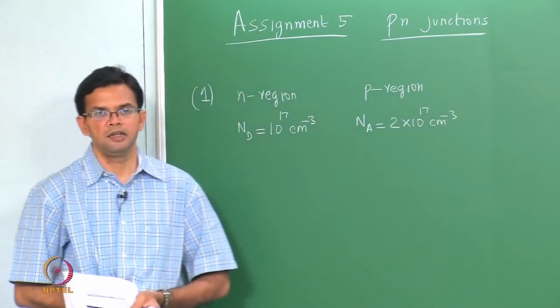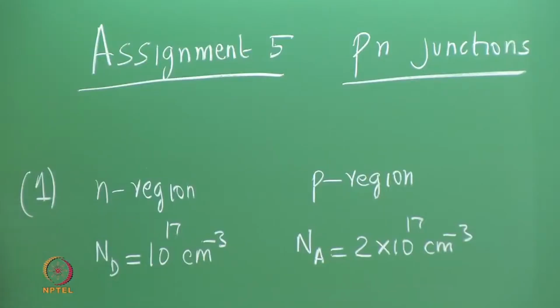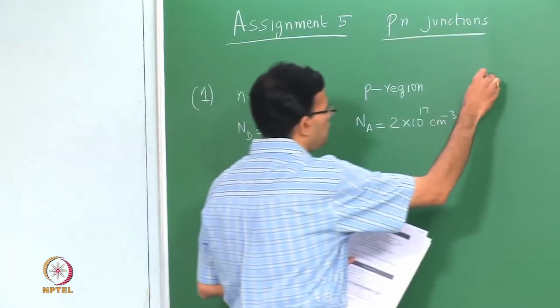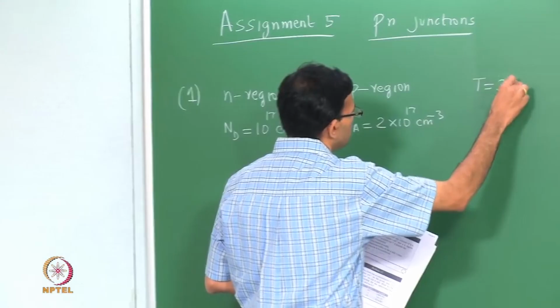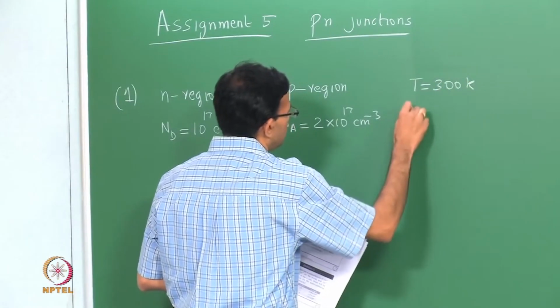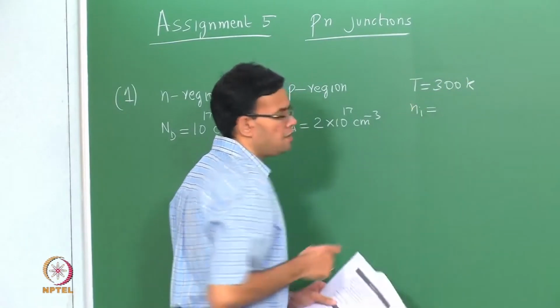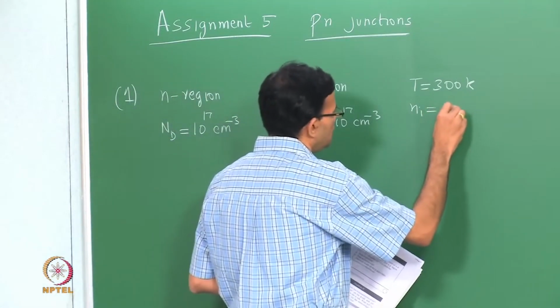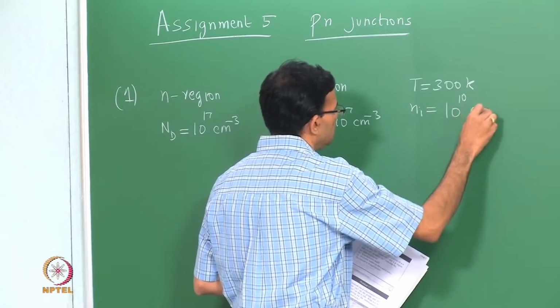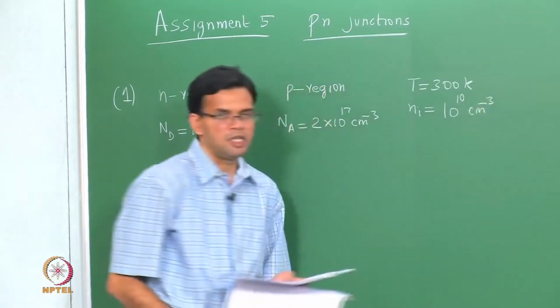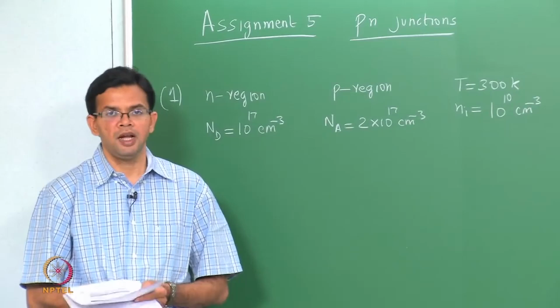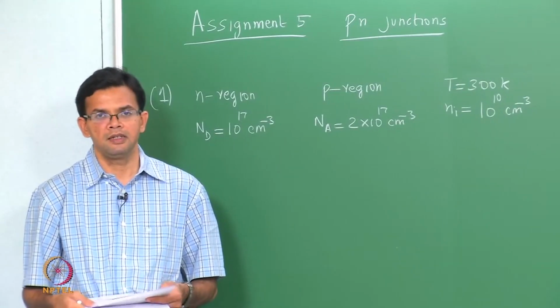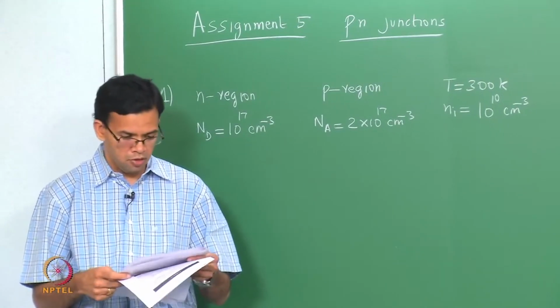The material here is silicon and it is at room temperature, so temperature T is 300 Kelvin. The intrinsic carrier concentration, we have seen this so many times in the past, is just 10 to the 10 per centimeter cube. In part A, we want to calculate the built-in potential of this junction.